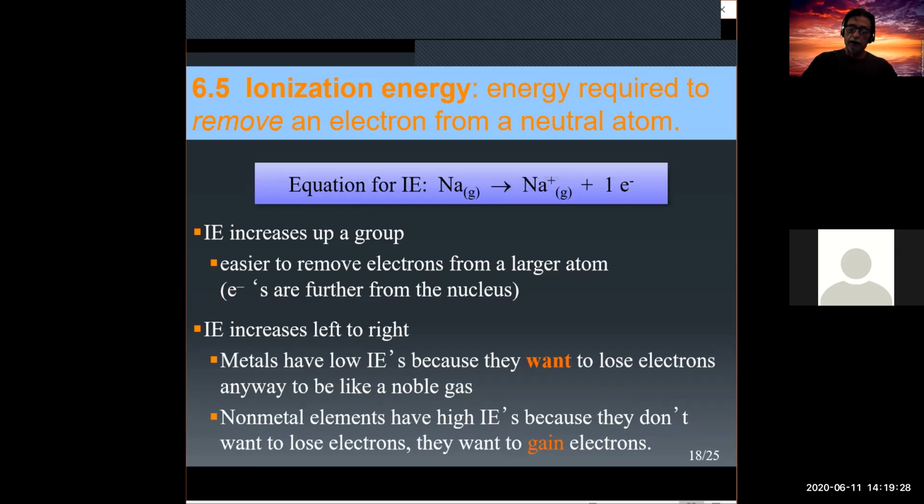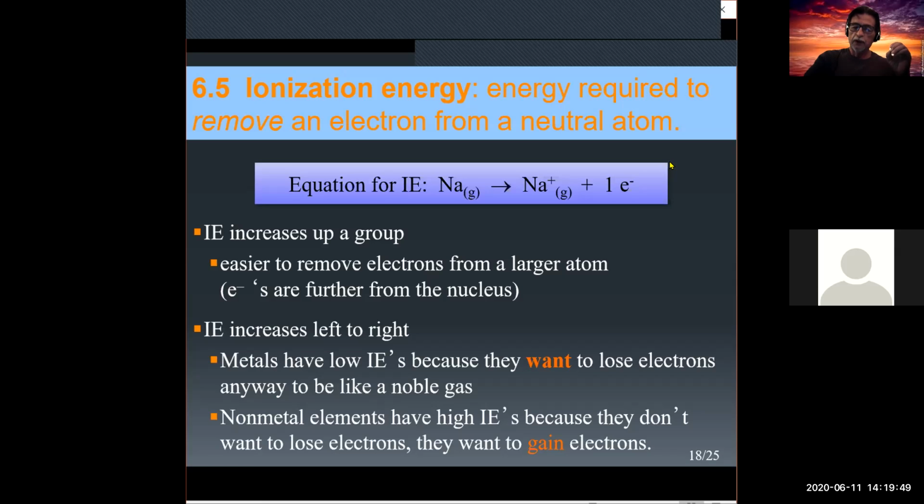All right. Now, when we look from left to right, the ionization energy increases. And why is that? Yesterday, or could have been the day before, I said, put this in long-term memory. All metals want to lose electrons.